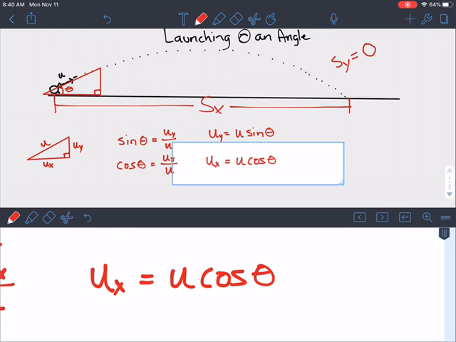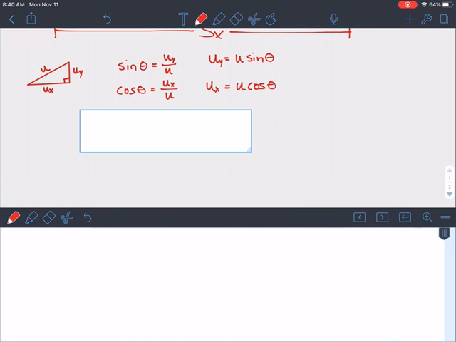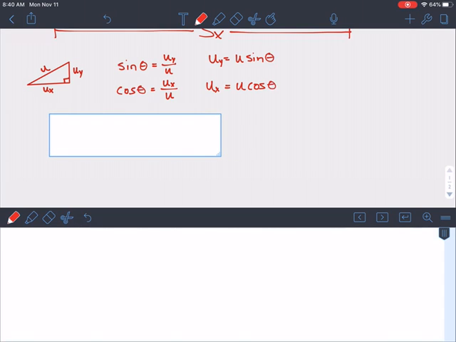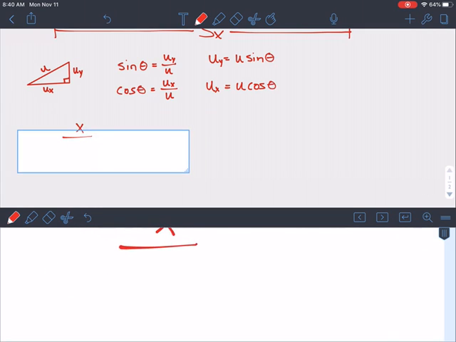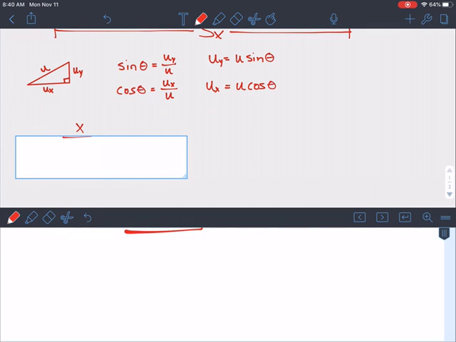Now let's take these two equations and plug them into our equations. So first, in the x direction. If you remember correctly, we had one equation in the x direction, so Sx equals ux times t.